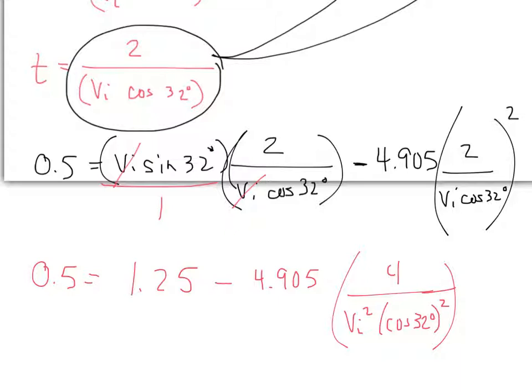All right? So I square them all. I can simplify this by looking at my calculator and typing 4 over cos 32 squared. So maybe do the cos 32 squared first and then take 4 and divide it by that answer.